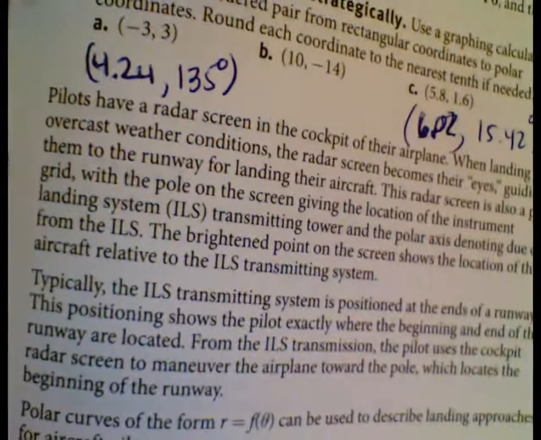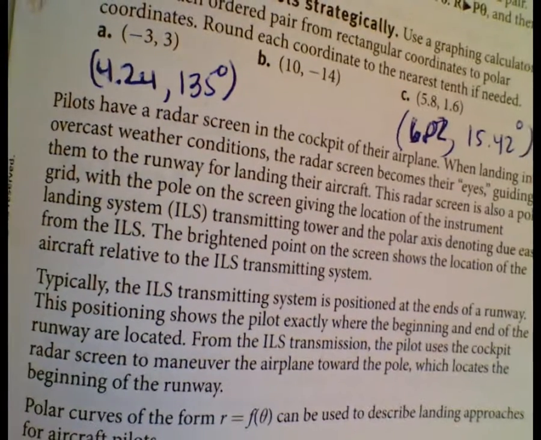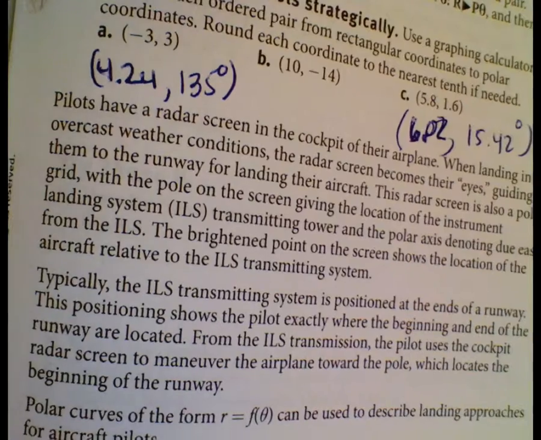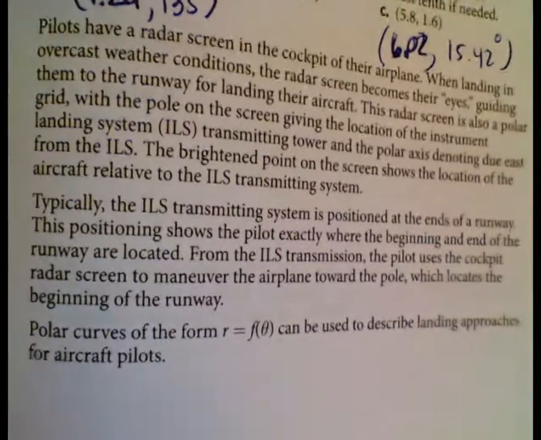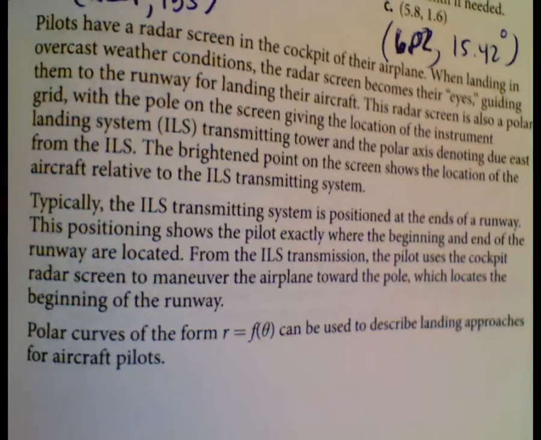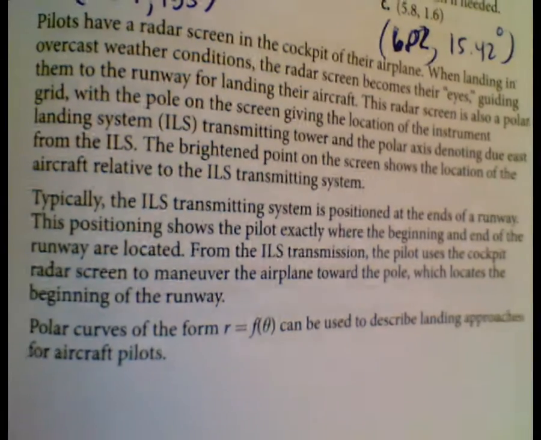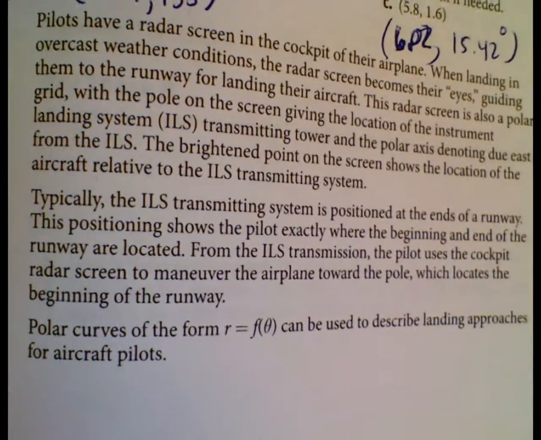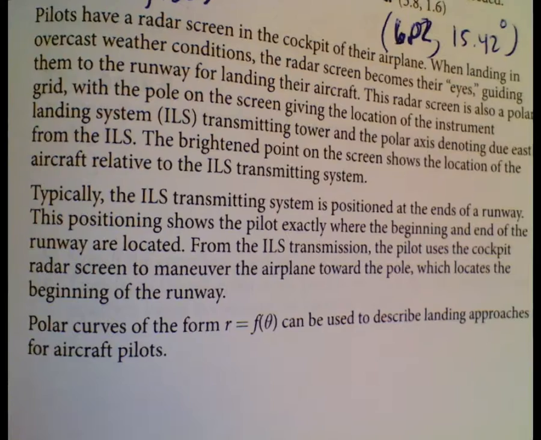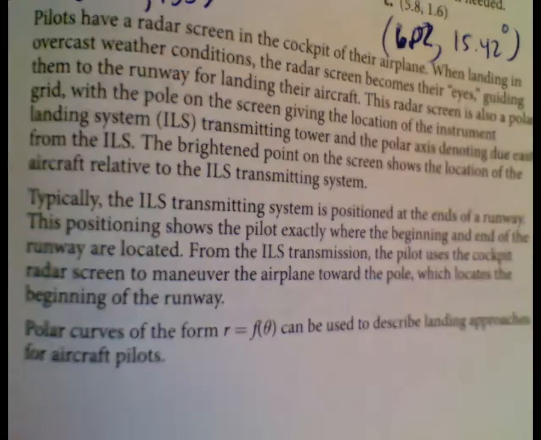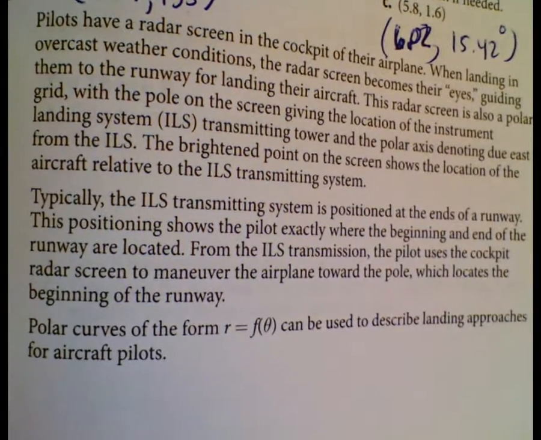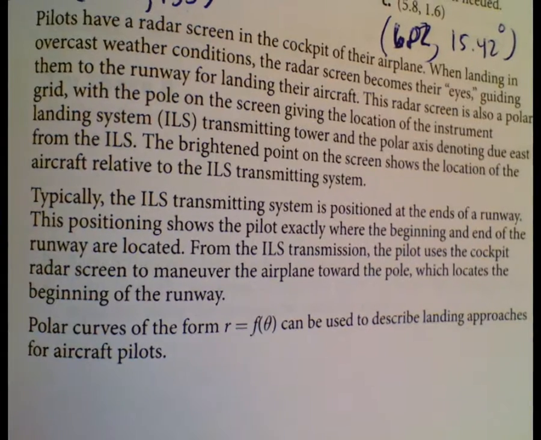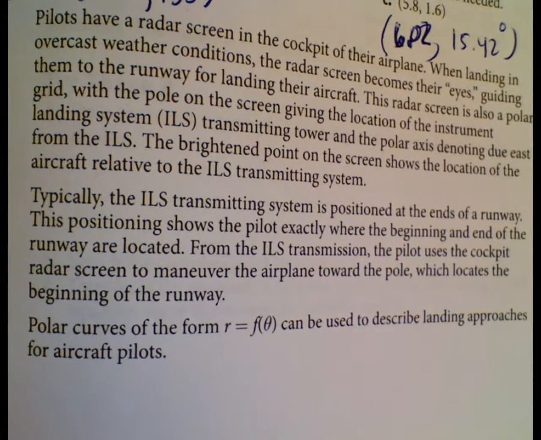So it says here, pilots have a radar screen in the cockpit of the airplane. When landing in overcast weather conditions, the radar screen becomes their eyes, guiding them to the runway for landing their aircraft. This radar screen is also a polar grid, with the pole on the screen giving the location of the instrument landing system, the transmitting tower, and the polar axis denoting due east from the instrument landing system. The bright point on the screen shows the location of the aircraft relative to this ILS transmitting system.